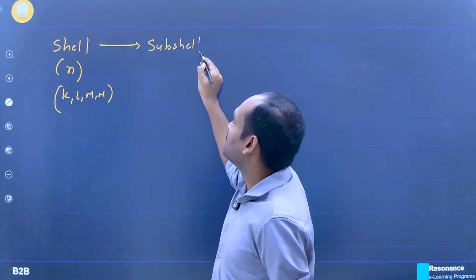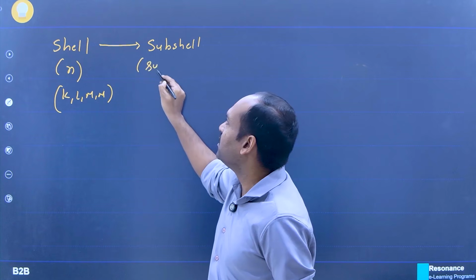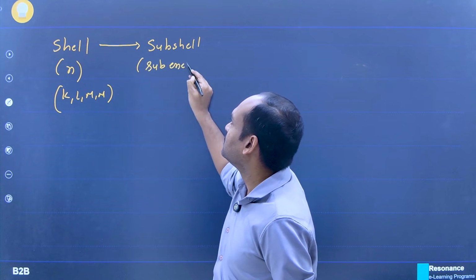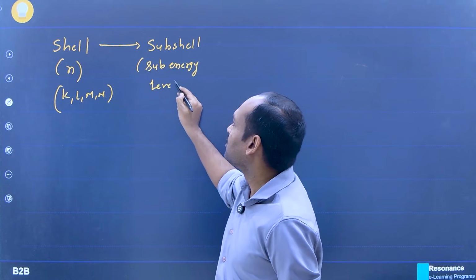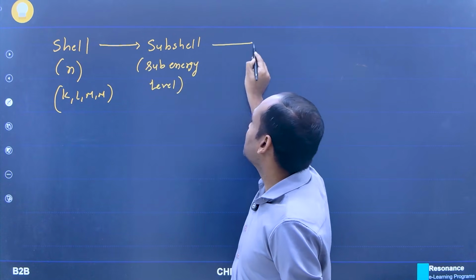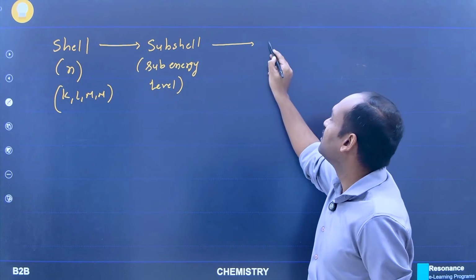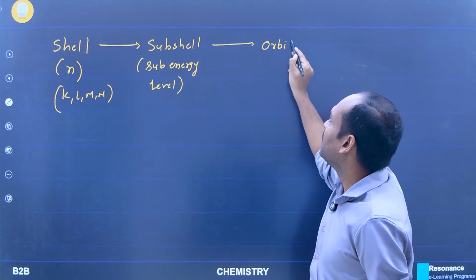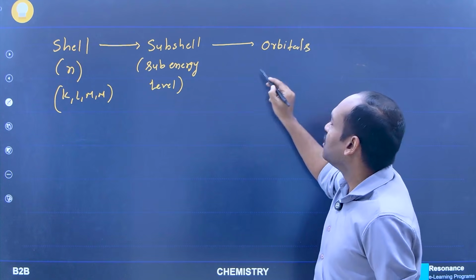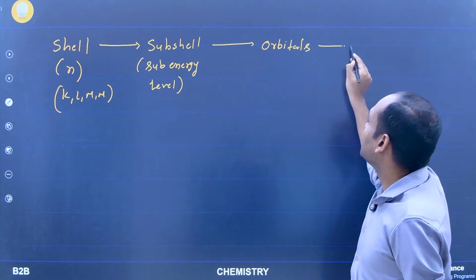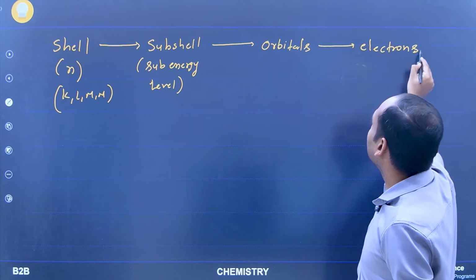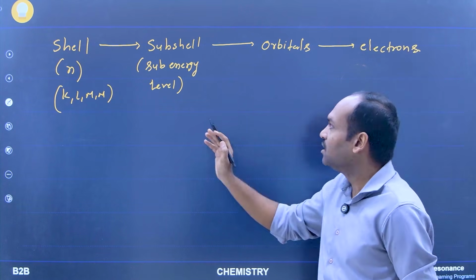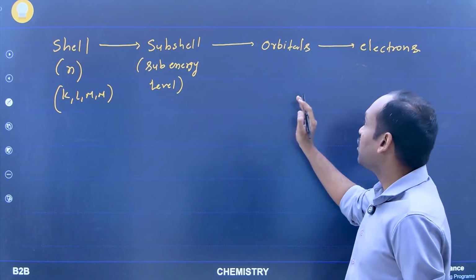Subshells are the sub energy levels. In the subshells, orbitals are present. This is the hierarchy. In the orbitals, electrons are present. Shell, inside it subshell, in the subshell orbitals, electrons.